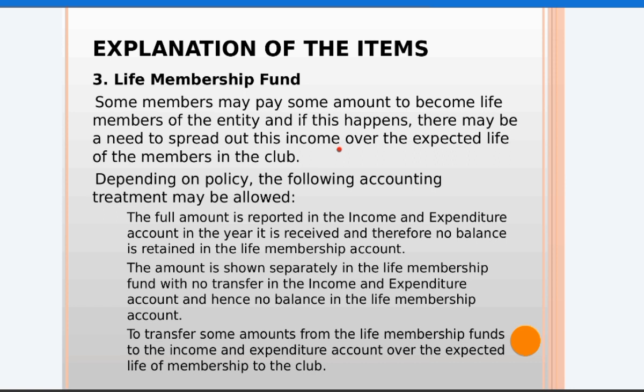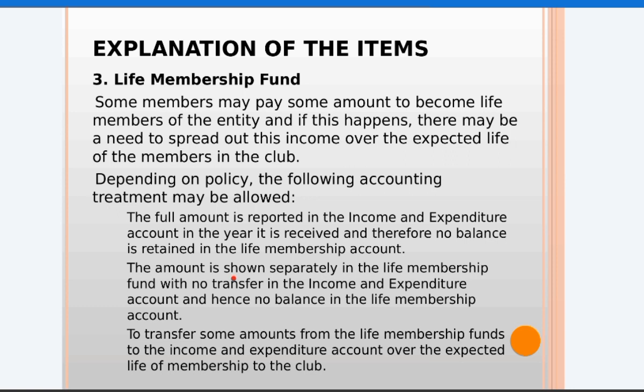We normally say that it is spread over the expected life of the membership of the members in the club. There could be different policies adopted by the organization, so we have a number of ways in which this money can be treated.